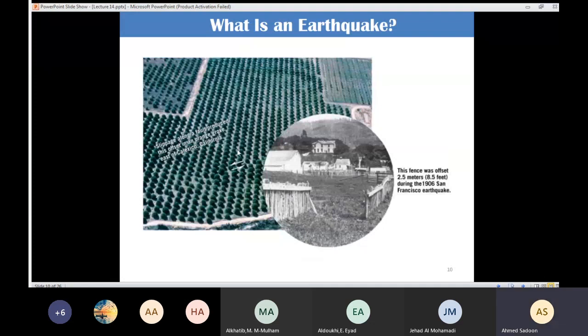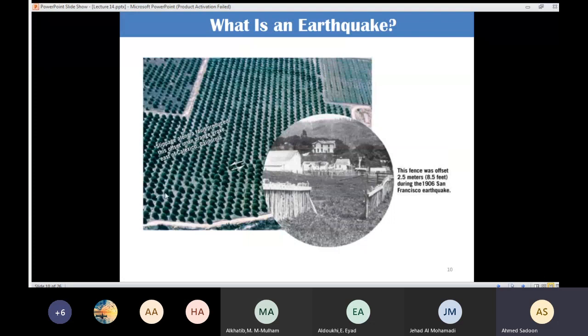Also in this figure, we used to grow trees in a straight line. But at that line here, you can see the trees have shifted a few meters away from it.